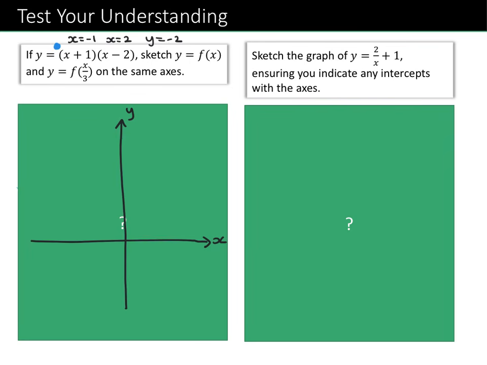So this is going to become minus 3, 0. For the next one, it's 0, minus 2. If I multiply my x coordinate by 3, I'm still going to get 0, minus 2. So this is going to be the same point on both graphs. Then the last one, I have 2, 0, multiply my x coordinate, I'm going to get 6, 0.